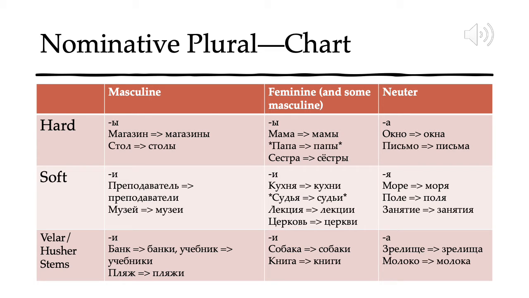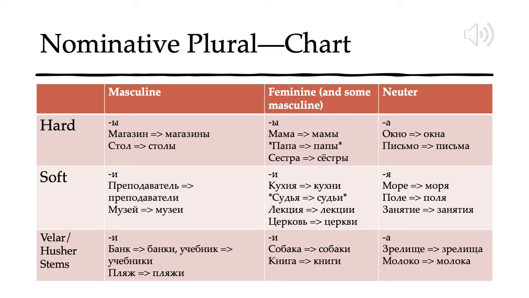And the i here, replacing the a, is perfectly regular, but note the stress shift and the shift from ye to yo. So this is something you want to watch out for in bisyllabic nouns. They will frequently have a stress shift. If they are end-stressed in the nominative singular, the stress will frequently shift onto the stem in the nominative plural.